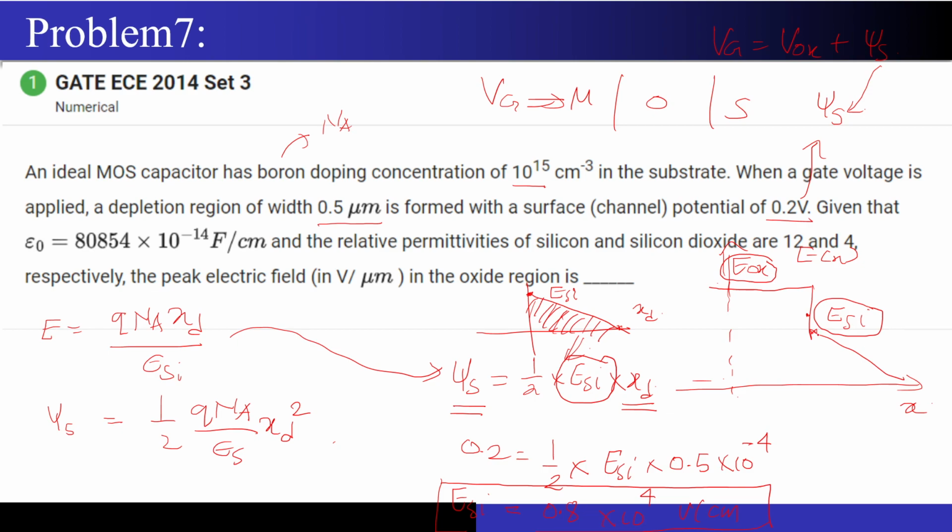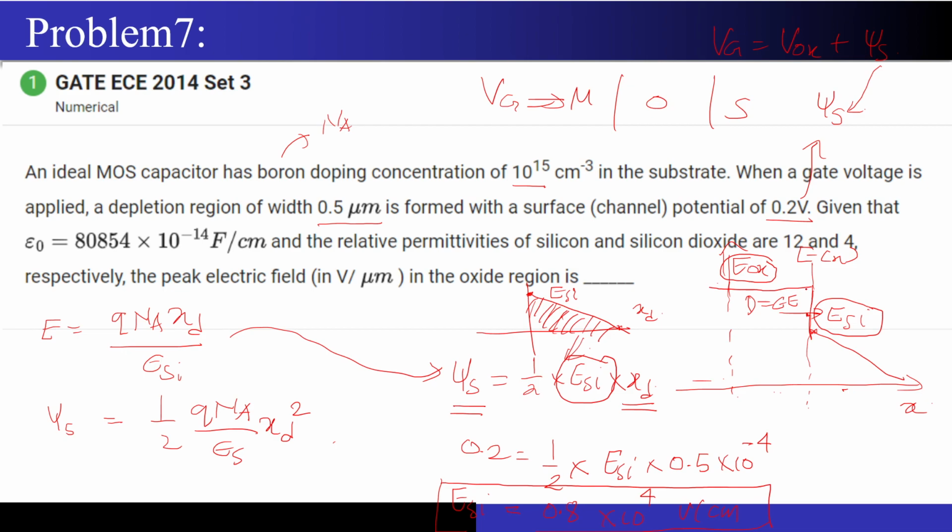Now, if I know the field in the silicon, how can I know the field in the oxide? Because my question is not asking me ESI, it is asking me EOX. I already told you in the last slides that even though the electric fields are not continuous across the oxide and semiconductor boundary, the electric flux, that is D equal to epsilon E, is continuous across the boundary.